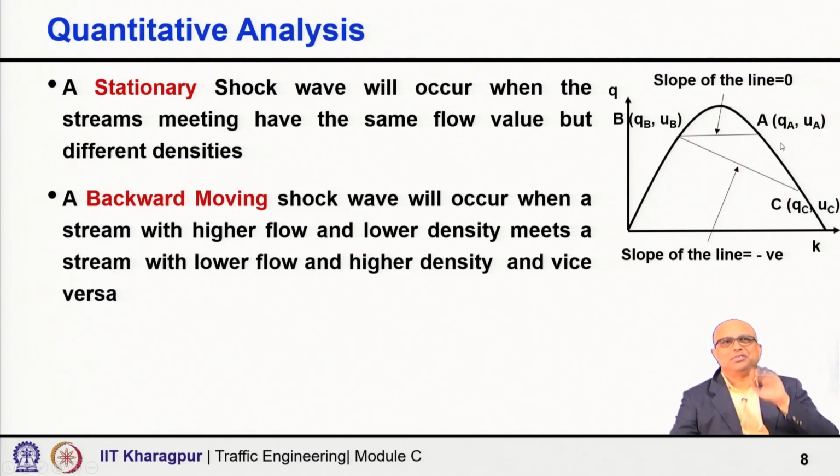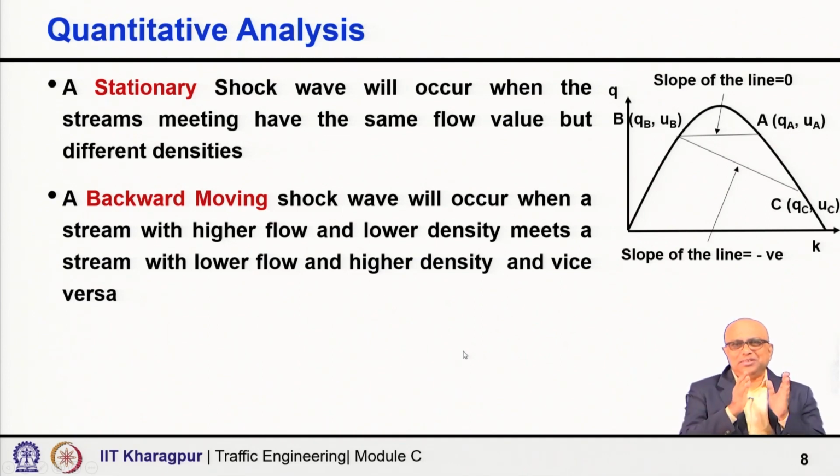K values are different. Now, what is remaining is the backward moving. You can understand when the slope will be negative: when a stream with higher flow, lower density, flow wise higher, density wise lower, meets a stream with lower flow and higher density.